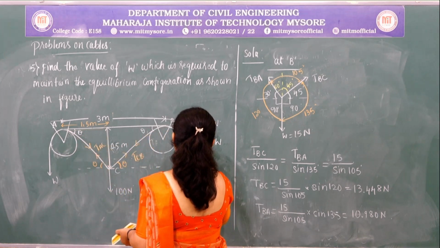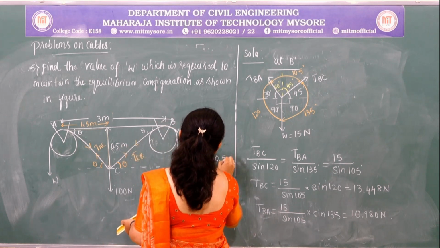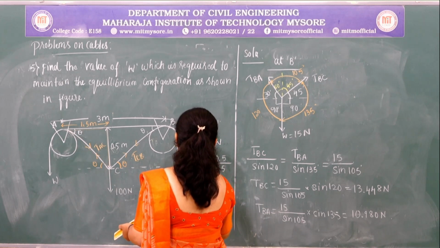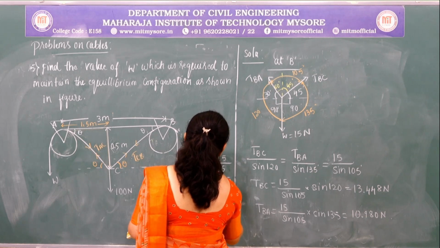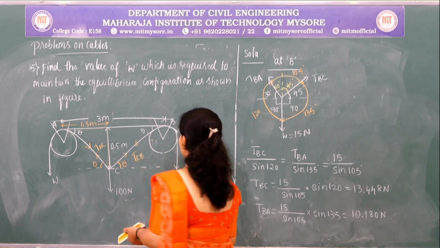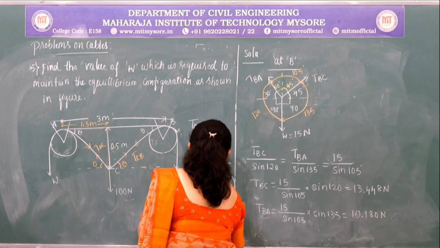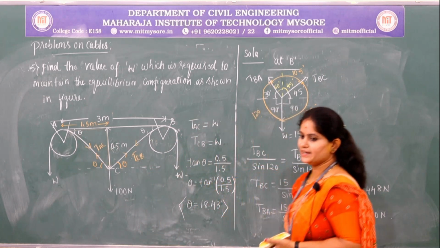That is, tan theta will be equal to opposite 0.5 and the adjacent side 1.5. So theta will be equal to tan inverse of 0.5 divided by 1.5. On solving this we are going to get the value of theta as 18.43 degree.